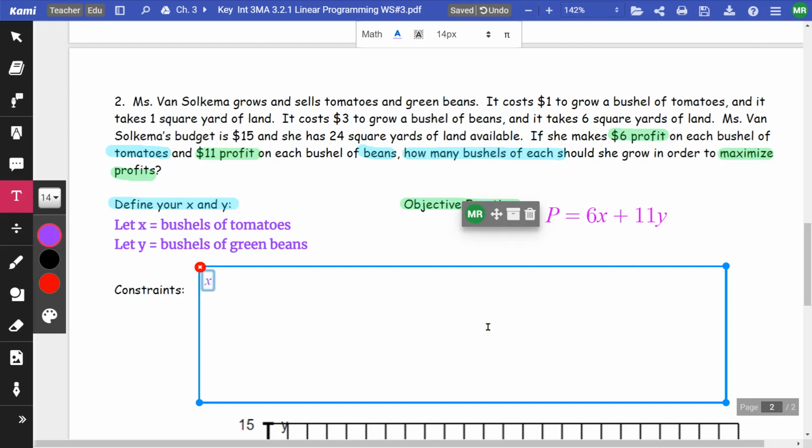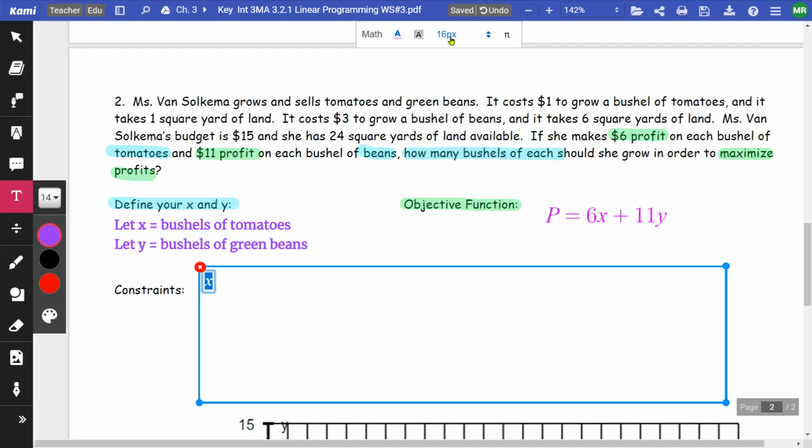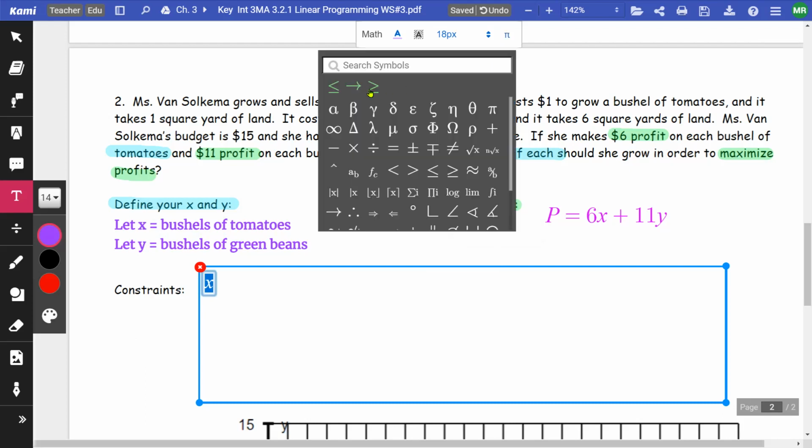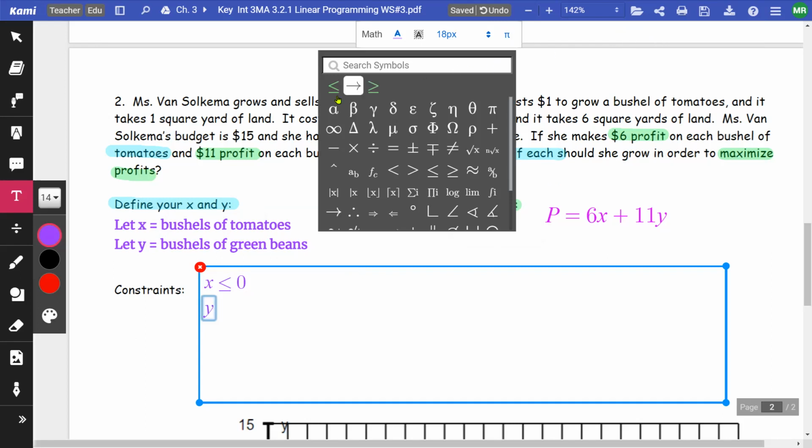We can't have negative amounts of tomatoes. So we're going to have x, let me make it a little bigger, is going to be greater than or equal to 0. And same with our green beans. So we're going to have y is going to be greater than or equal to 0.